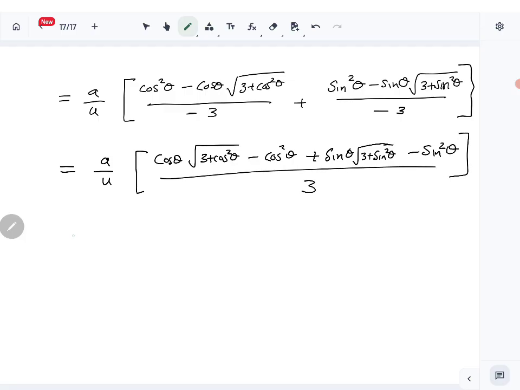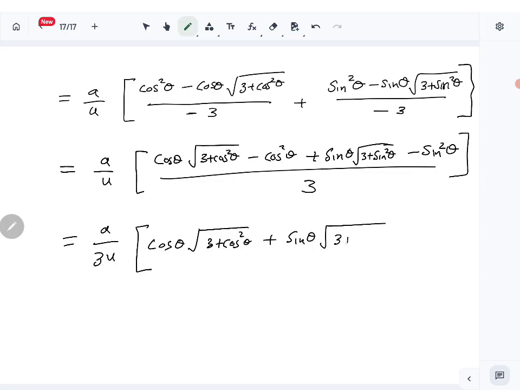Now take 3 out, so the outside part is done, and then you can write this plus this, and minus cos squared theta minus sine squared theta is what? Take the minus sign out. Cos squared theta plus sine squared theta, which is 1, so minus 1.